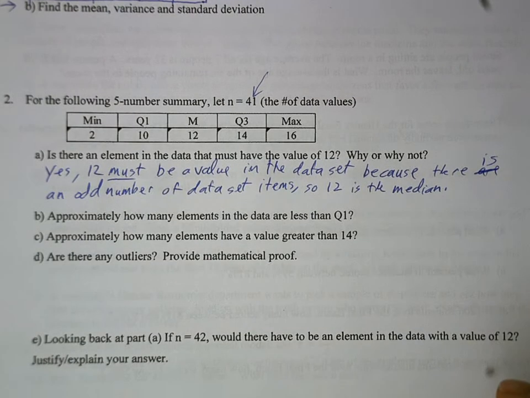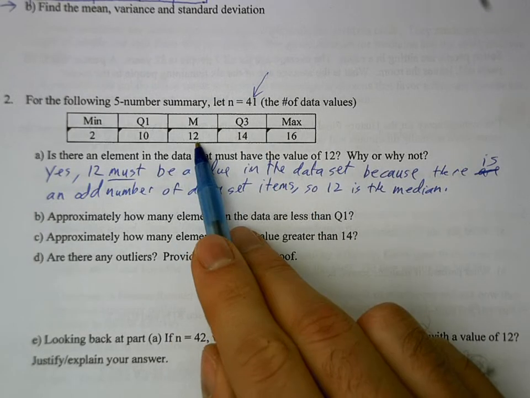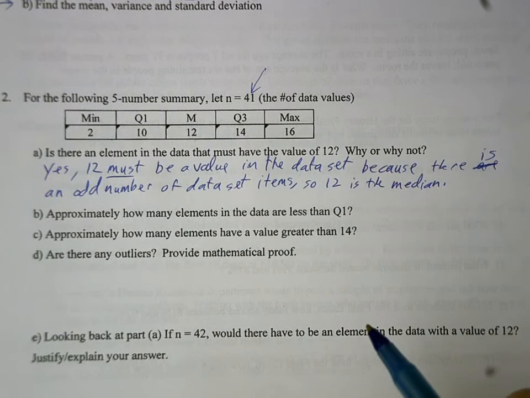So again, if n is odd, number of numbers, then that median is an actual number. If it's even, it's an average, and therefore doesn't have to be a number in our data set.